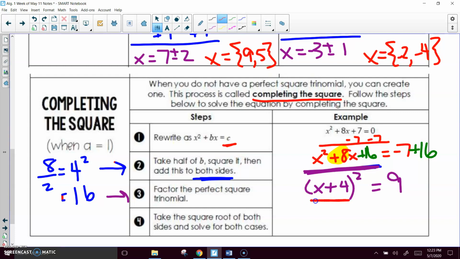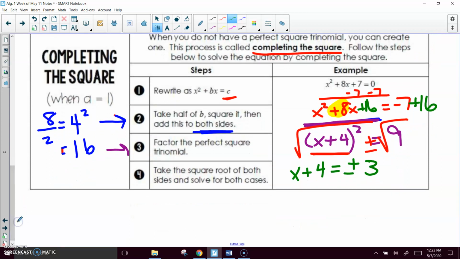The quantity squared is isolated. So let's square root both sides, making sure to remember the positive and the negative. So on the left side, I'm left with x plus 4 equals positive and negative square root of 9, which is 3. I've got to get x by itself.